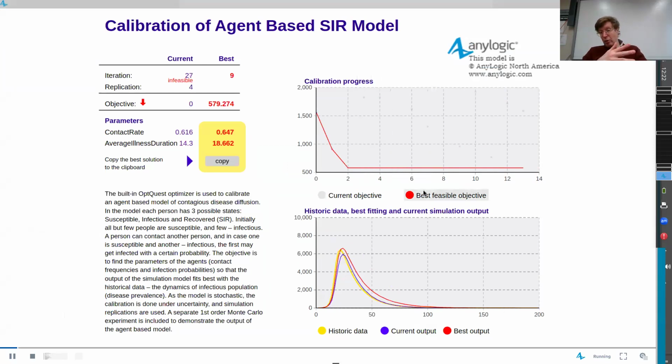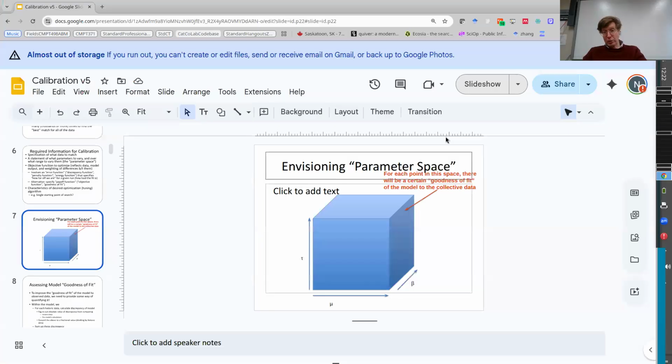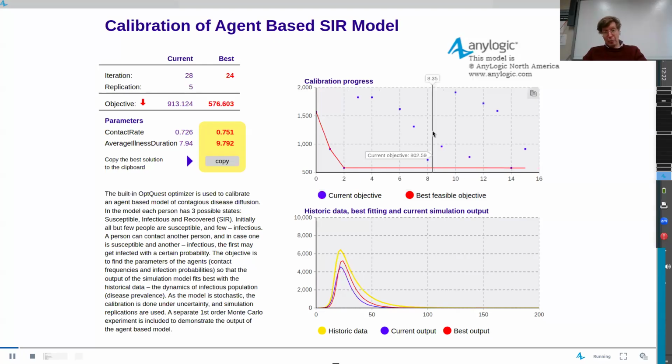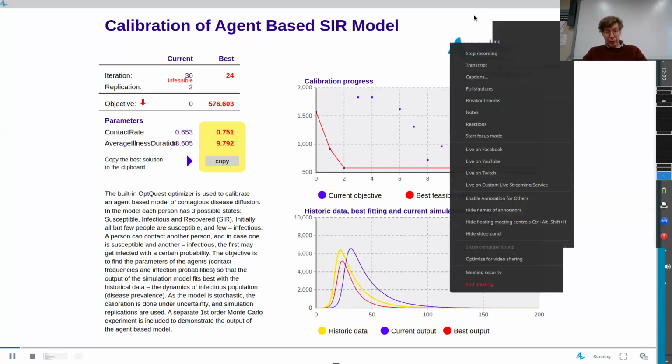But I will send you what we've used in the past as references for the OptQuest algorithm from the literature that describe it. Okay, so thank you for that question.